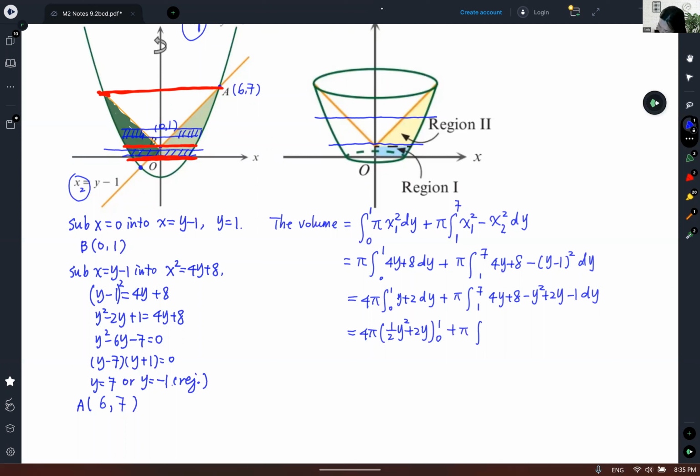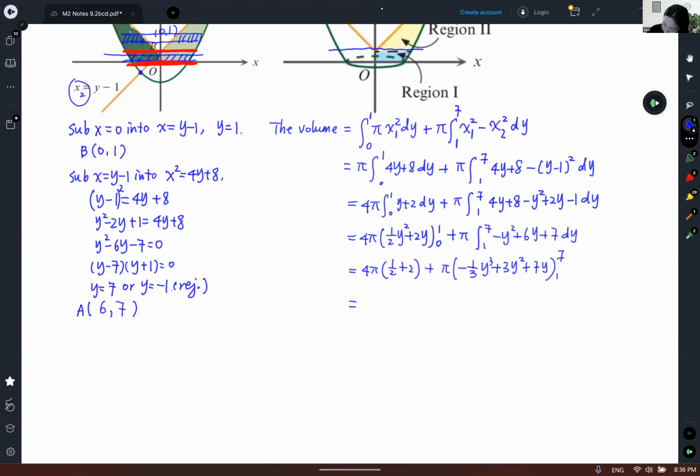I regret it now. But from 1 to 7, it's negative y squared plus 6y plus 7 dy. And then the substitution for this one. This one is negative 1 over 3 y cubed plus 3y squared plus 7y from 1 to 7.